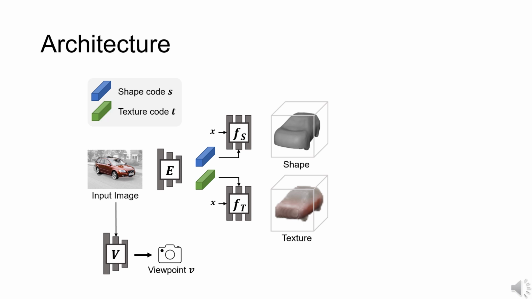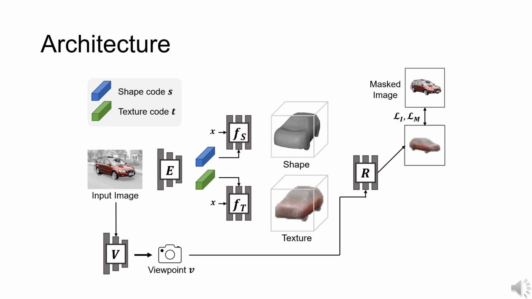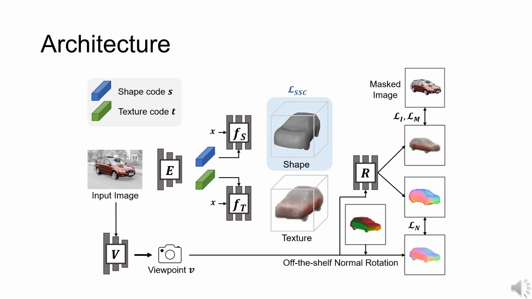Meanwhile, the viewpoint estimator estimates the input viewpoint V. The differentiable volume renderer R then renders shape and texture fields under the estimated viewpoint, so that we can compute the reconstruction losses. We further leverage our semantic constraint and geometry constraint to effectively facilitate the shape learning. More technical details can be found in the paper.